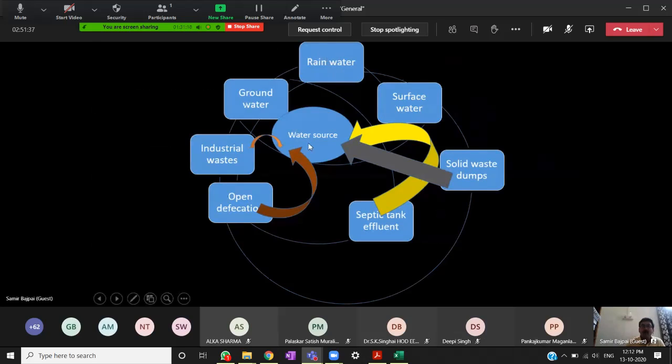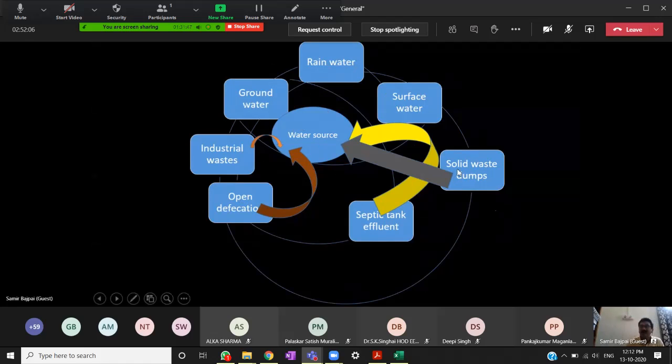We need to segregate our wastewater, black water separate, grey water separate, supply water according to requirement to even households also. And we need to manage our catchment area so that it is as clean as possible. We don't discharge any liquid waste, solid waste in this catchment area. And we treat all the water, and our water requirement for our city we fulfill from local sources only. Then only we will be able to.